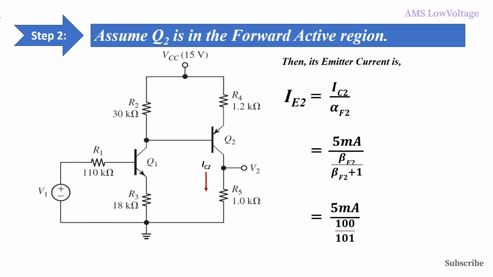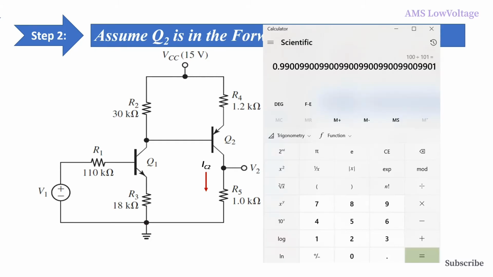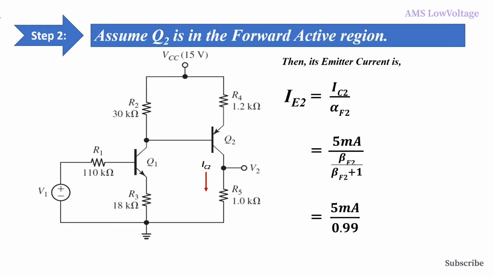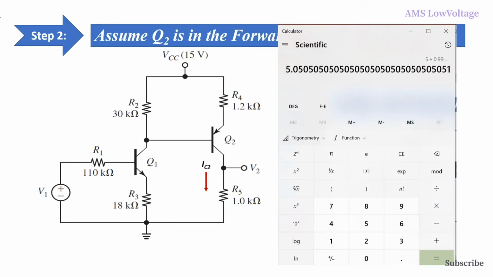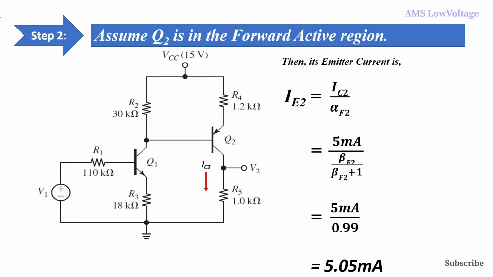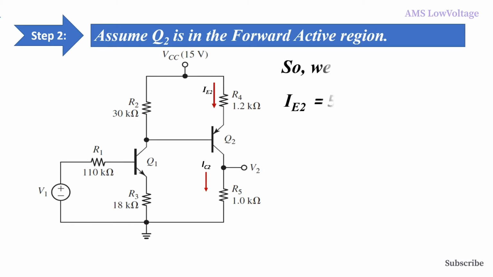So we put the beta value here, then we found 100 divided by 100 plus 1 equals 0.99, and it makes 5 divided by 0.99 equal to 5.05 milliampere. So we have found IE2 equals 5.05 milliampere, and it's passing in this direction.